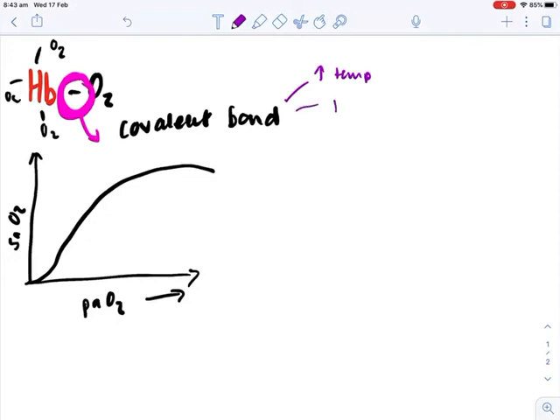Same thing happens if you have an increase in your hydrogen ion concentration, otherwise known as a decrease in pH. So hydrogen ions help this bond to break faster, and that will make sense later when we go through the curve. The other one is DPG, but I just think of that with the temperature.